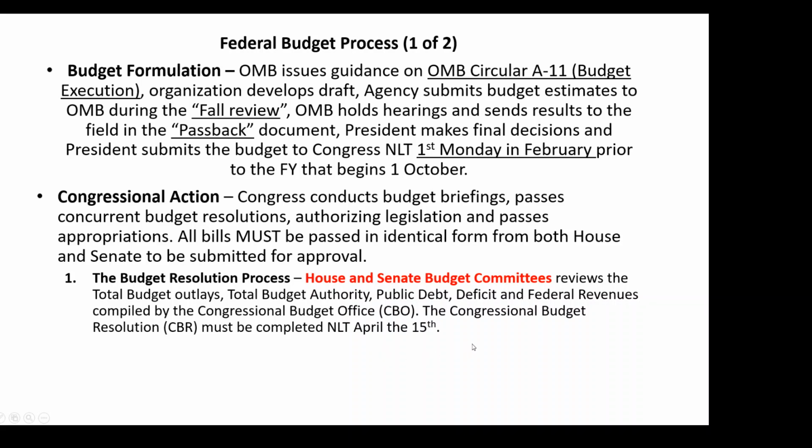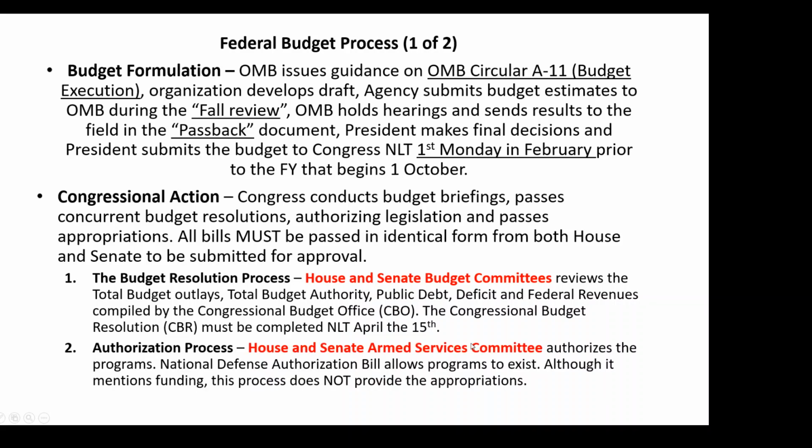The second phase of congressional action is the authorization process. This process authorizes the programs and categories, and is handled by the House and Senate Armed Services Committees. This does not provide the appropriation, nor does it give you budget authority to spend any money.